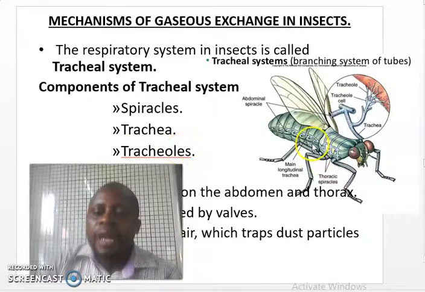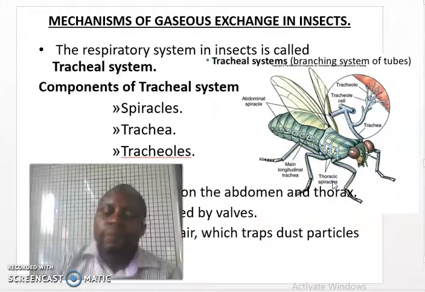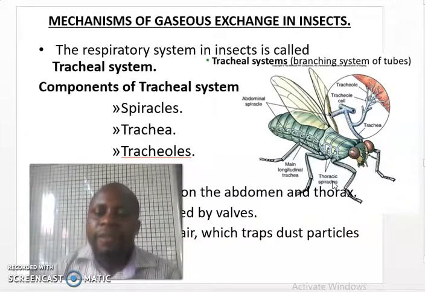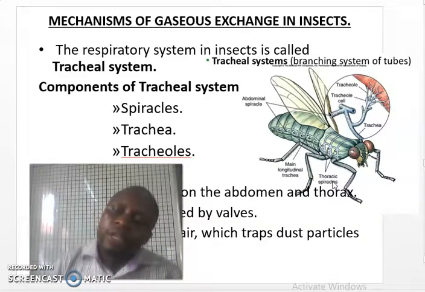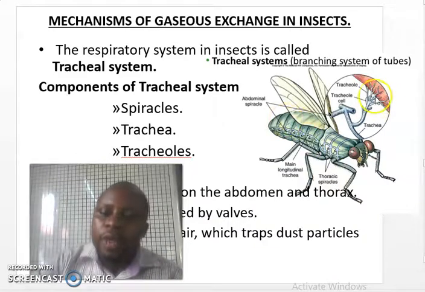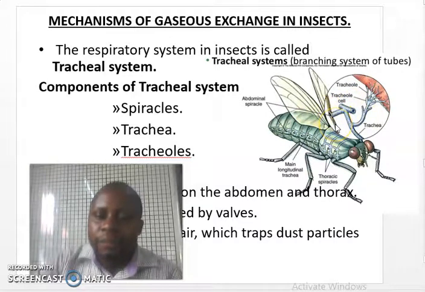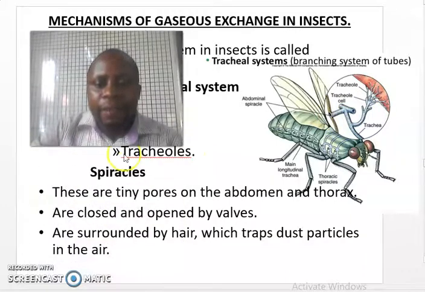Usually insects have several spiracles on the abdomen and thorax. So we have abdominal spiracles and thoracic spiracles. These spiracles are very important because they allow air to get into and out of the insect through the tracheal system. Now, what are the spiracles?